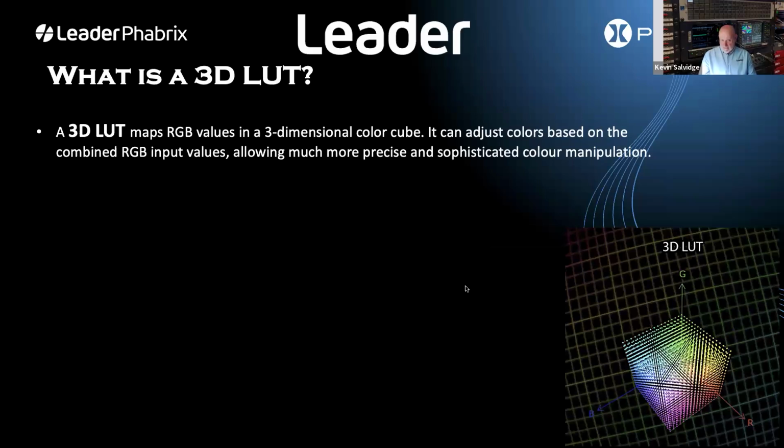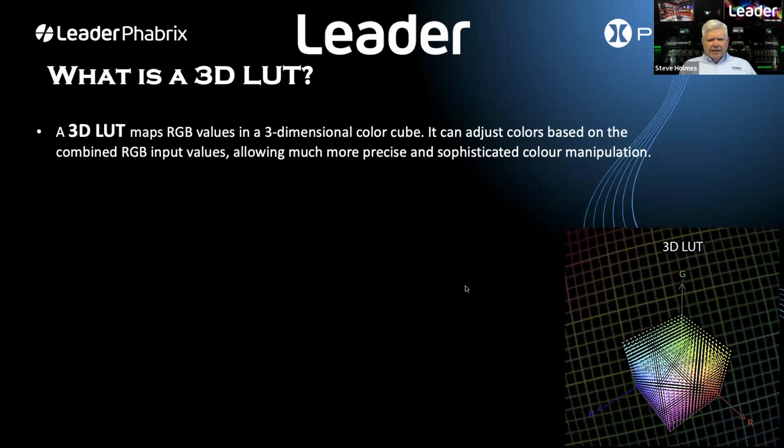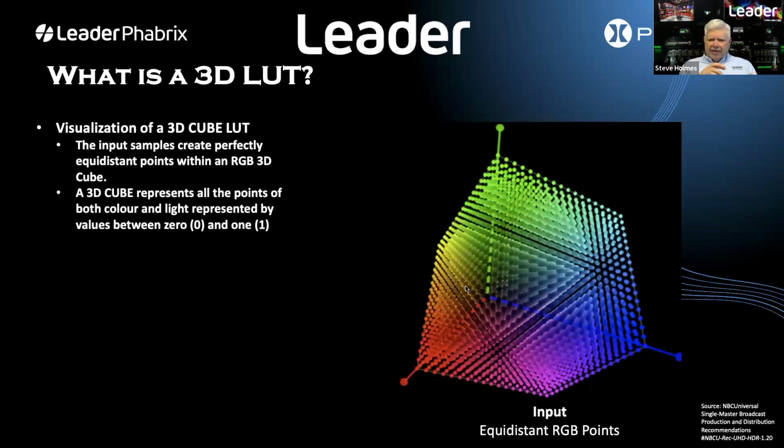Now, something that's not so simple is a 3D LUT. Yeah. And you can see it down in the bottom right-hand corner. It's a three-dimensional cube of where all of the color points are. And typically you're going to see them, and we'll see this in a little bit, as a 33-point LUT, because we are dealing with 10-bit video.